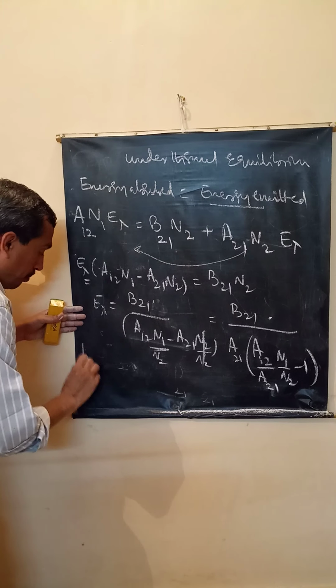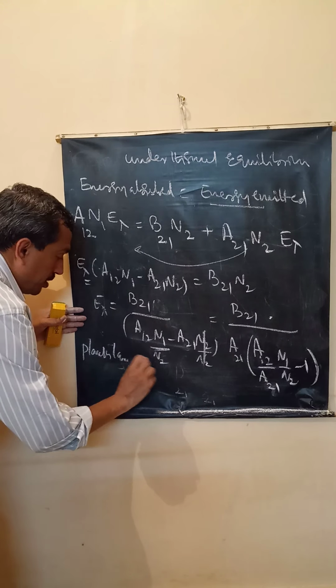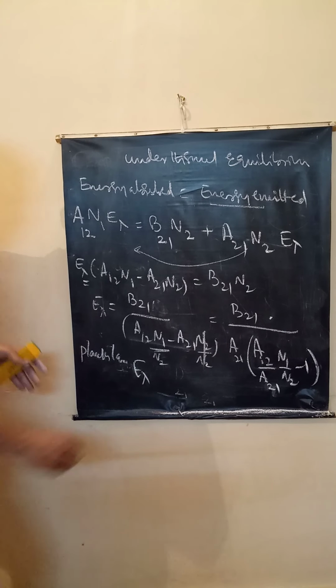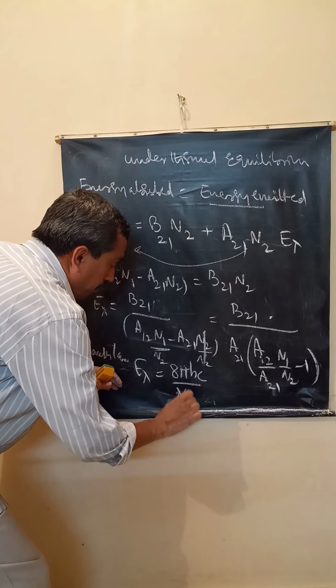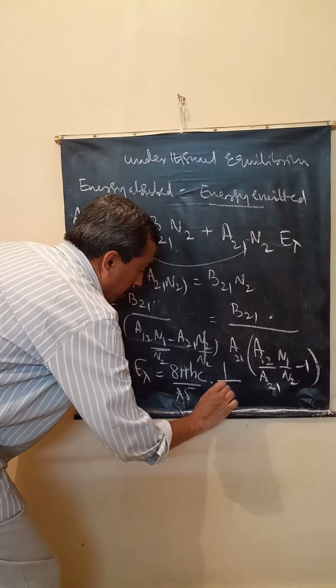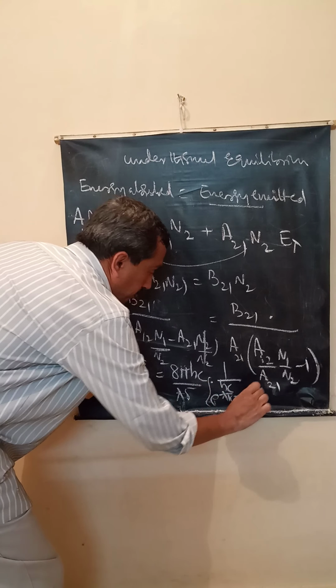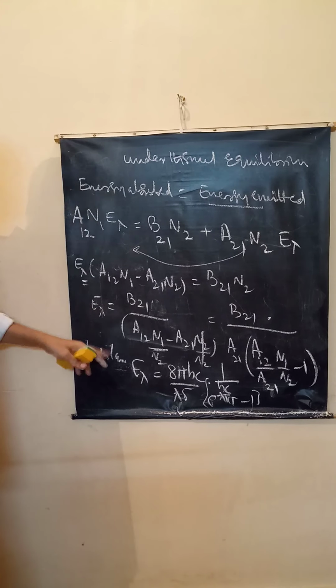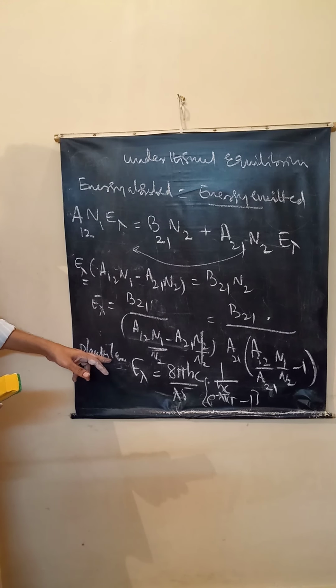We know from Planck's law, the expression for energy density E lambda is equal to 8 pi hc by lambda^5 into 1 by (e power hc by lambda kT minus 1), correct? So now I'll equate these two and equate the similar terms on either side.